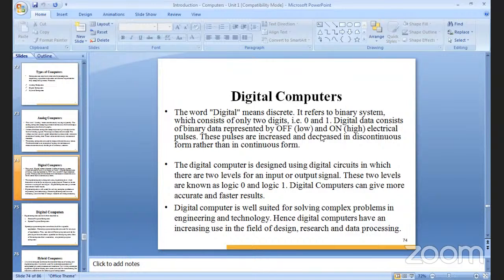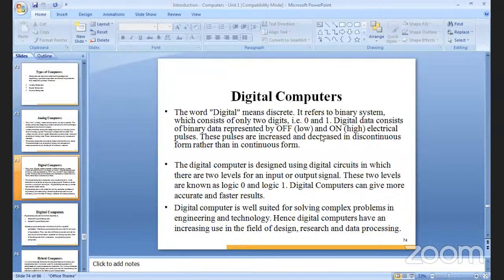These pulses increase and decrease in a discontinuous form rather than a continuous formation. The digital computer is designed using digital circuits, which have two levels for the input and output of signals.